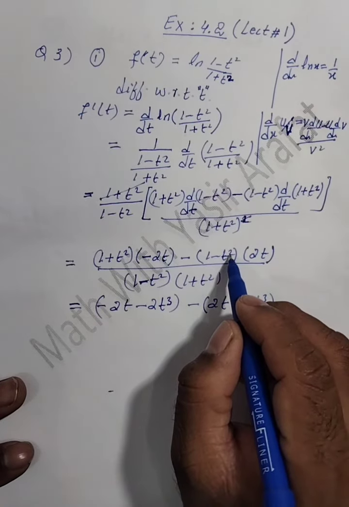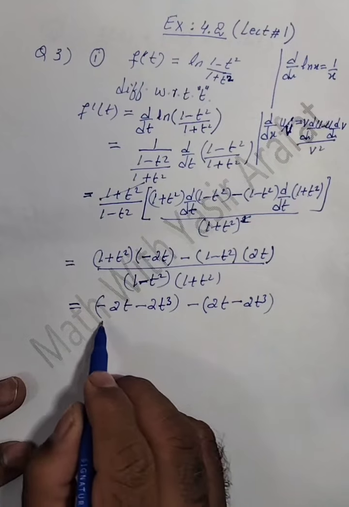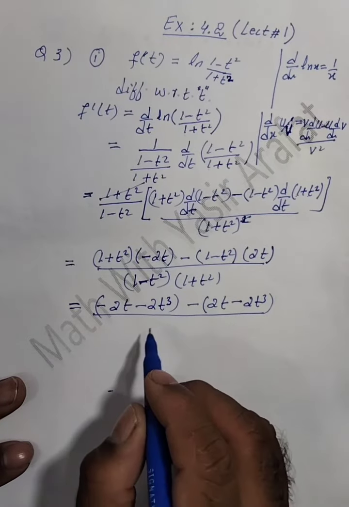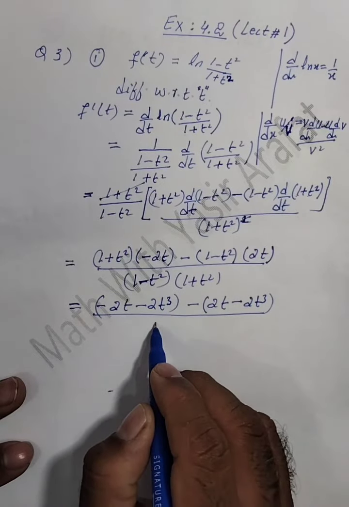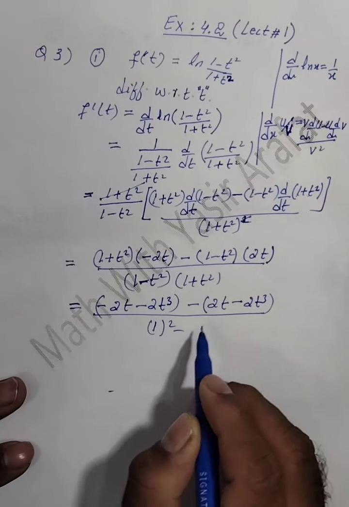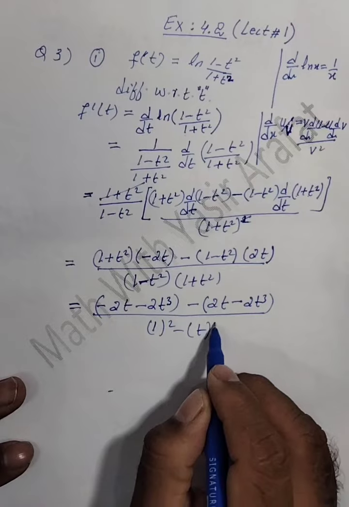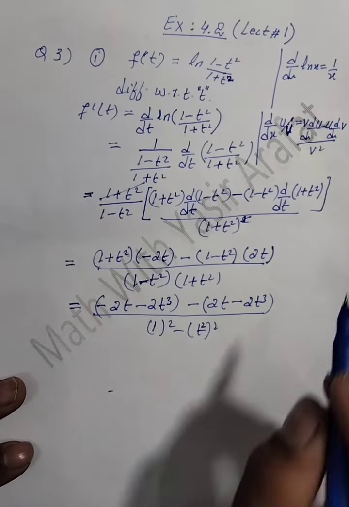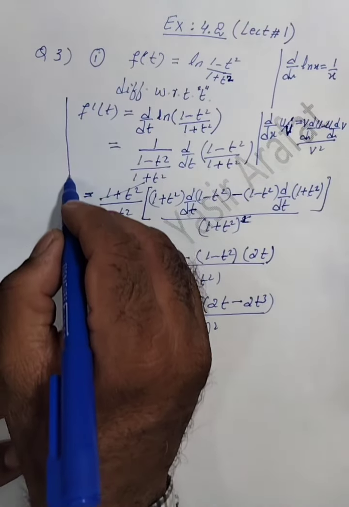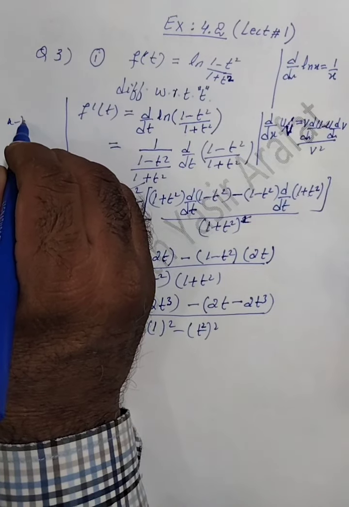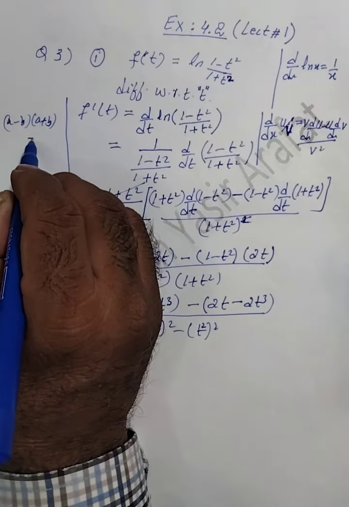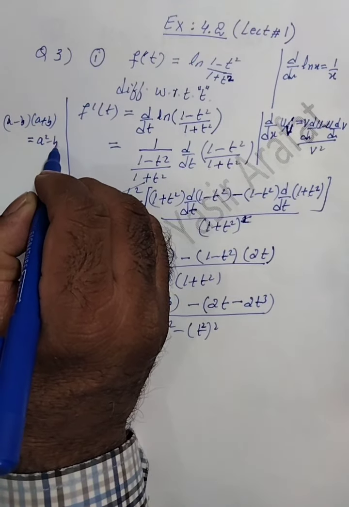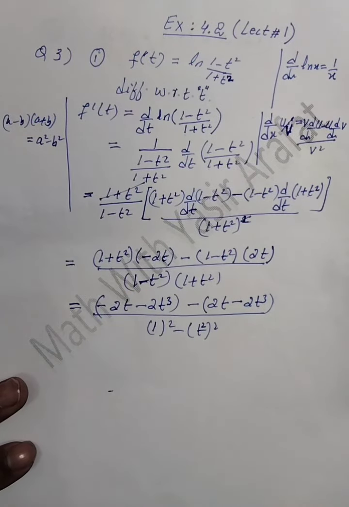This is power 1, this is power 2, 2 plus 1 is 3. And this is a square minus, a minus b, a plus b, that will equal a square minus b square. We have the formula: (a minus b)(a plus b) equals a square minus b square.